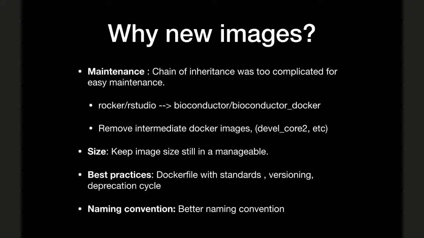And I personally think that the naming convention is more reasonable too. So Bioconductor Docker is the only image shipped by Bioconductor at this point. So there's nothing to confuse people with a number in the version name, or what is the base image, what is the core image, and so forth. If you guys have any questions, please ask.